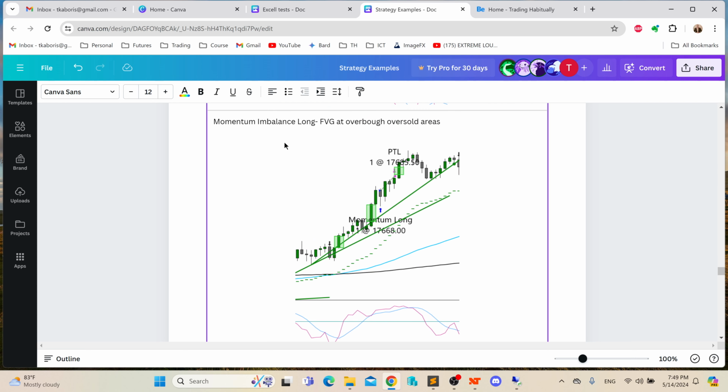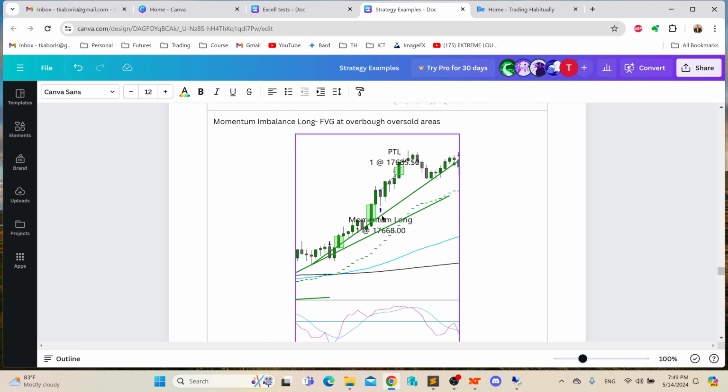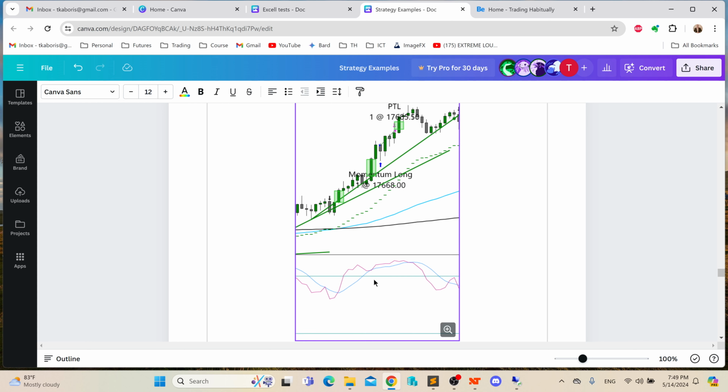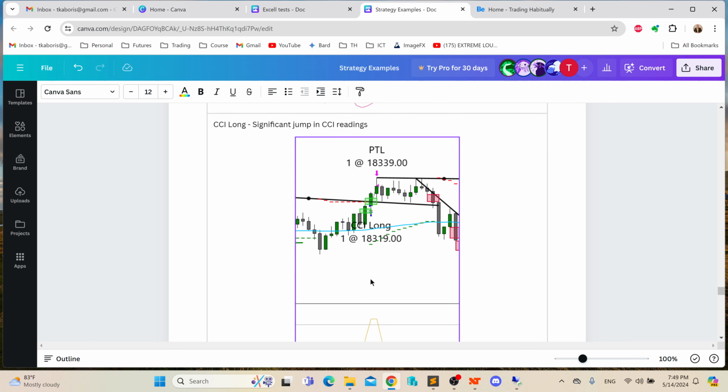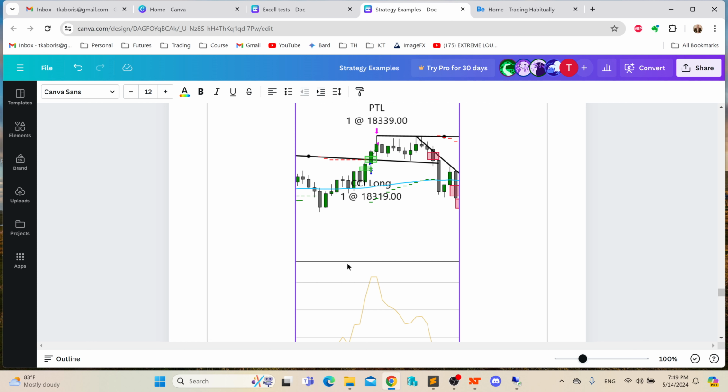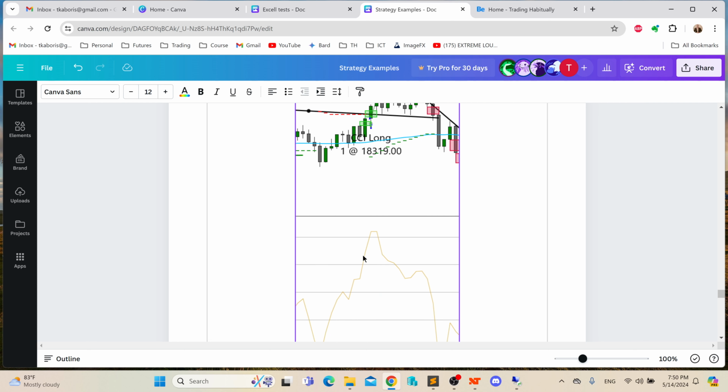Momentum imbalance is where we have an imbalance at the FVG, and there has to be momentum. See, this stochastic is above 80. CCI long is where there is a sudden shift in the CCI reading plus price action. See how there is a big jump.